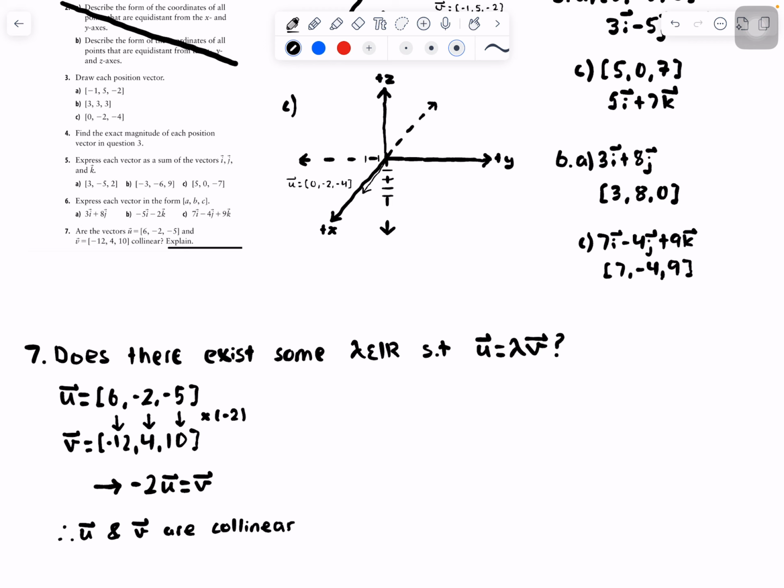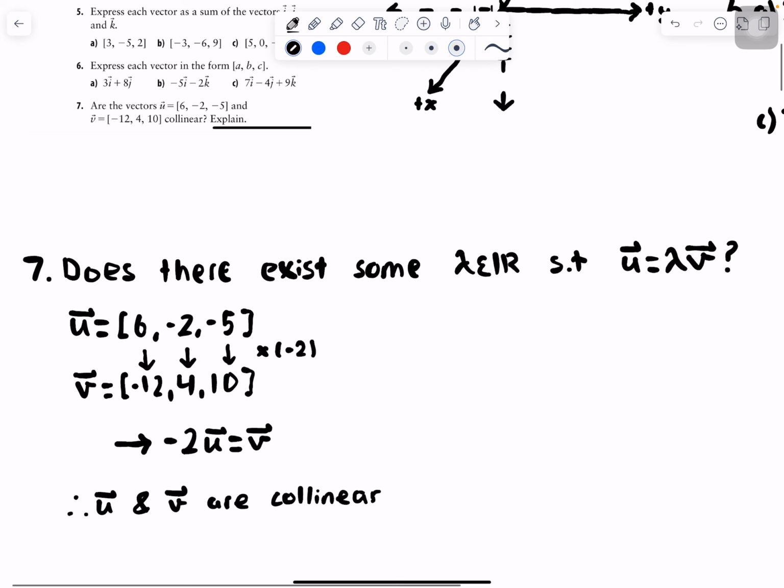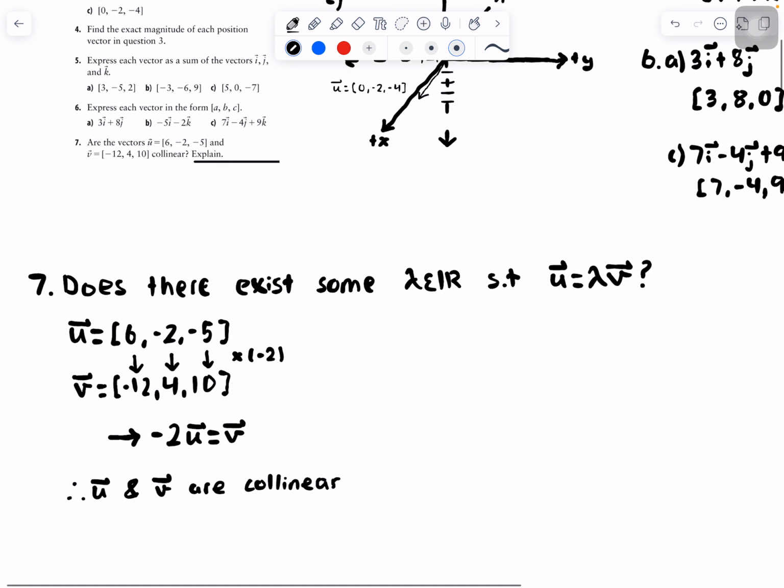So how I like to do these questions is I like to write them in rows like this. So I wrote u here and v here, and then I'm just comparing their components. So then I realized that each component of v was just -2 times the u components. So they are collinear, that means v is a scalar multiple of u.